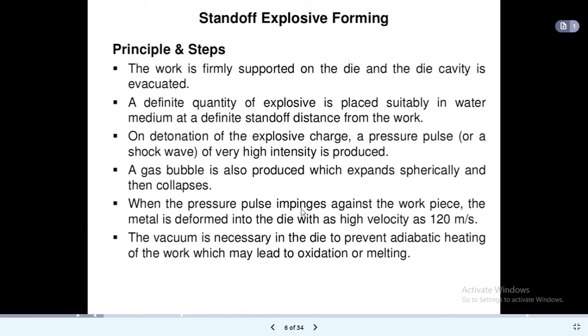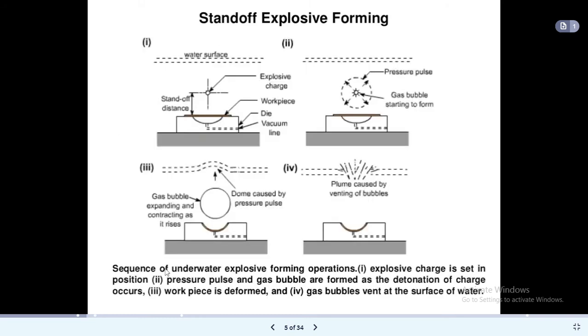When the pressure pulse impinges against the workpiece, the metal is deformed into the die with high velocity. Means if we see here, when these waves impact the workpiece, it will get into the form of the cavity, and the velocity is very high.